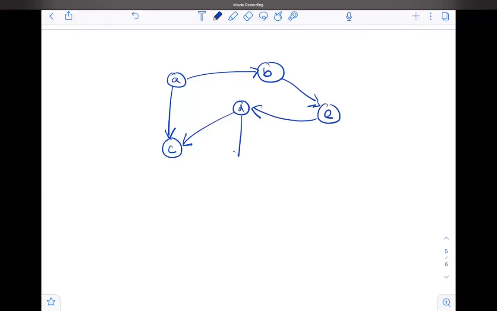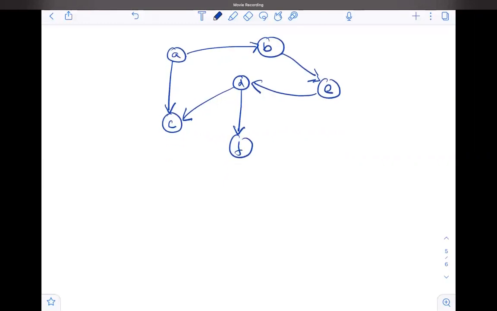And maybe I have to do F after D. So one way of writing it is maybe, okay, I will first do A, then I will do C, then I will do B, then I will do E.